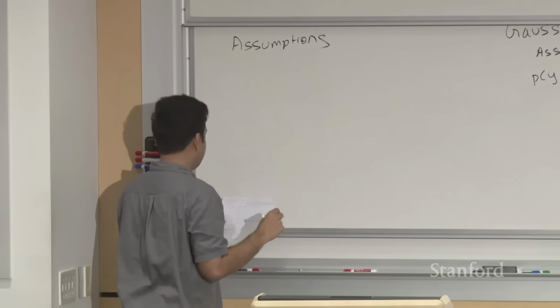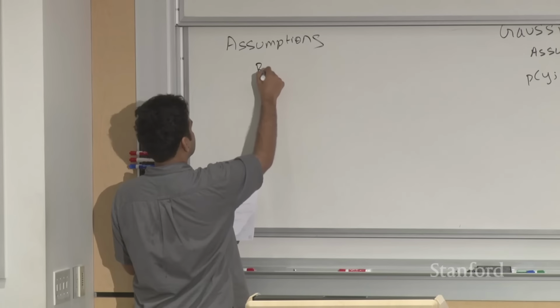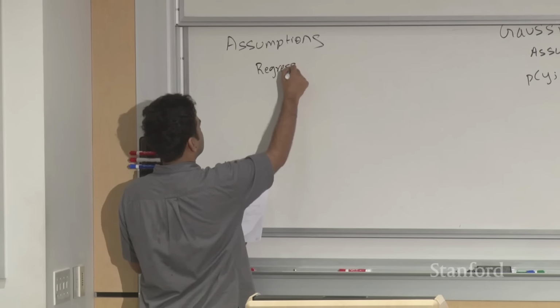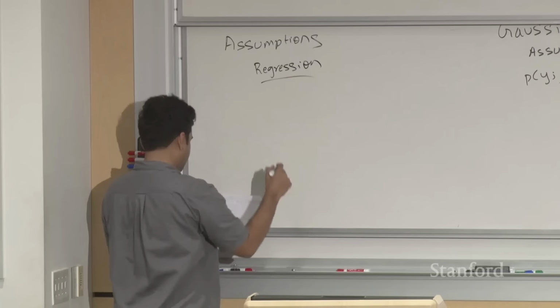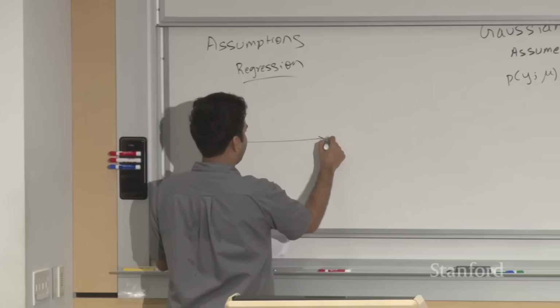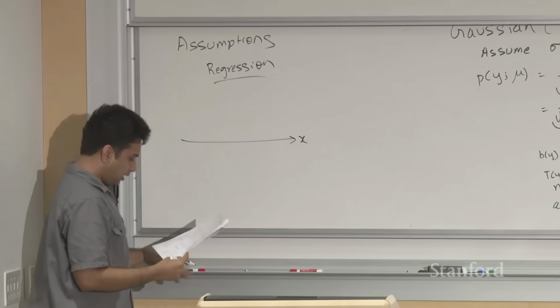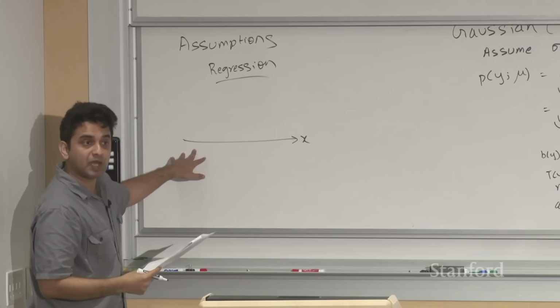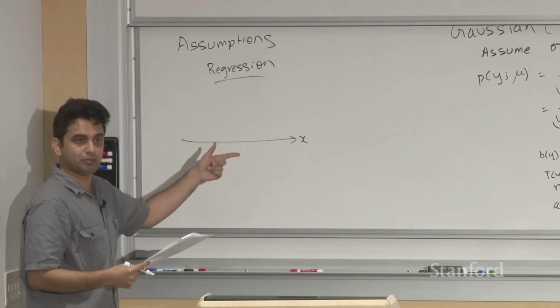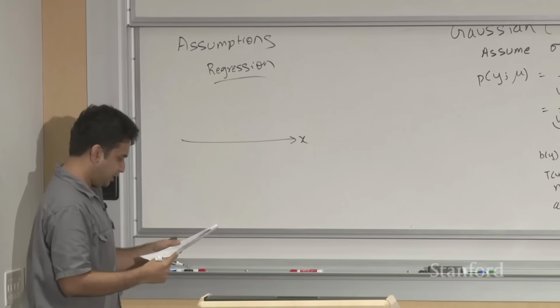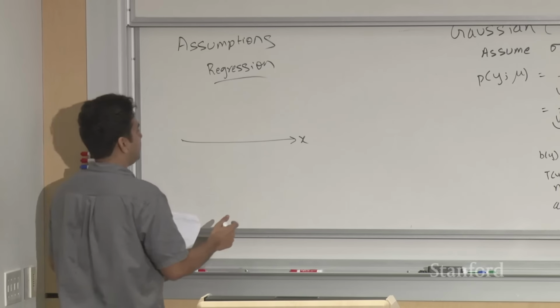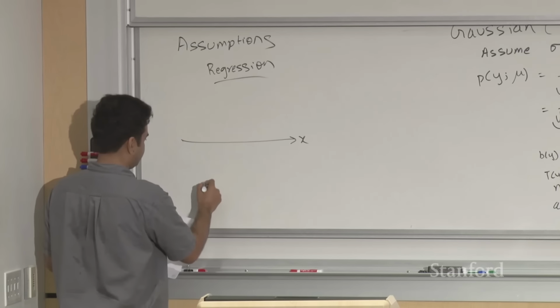So the assumptions that we made, let's start with regression. For regression, we assume there is some x. To simplify, I'm drawing x as one dimension, but x could be multidimensional, and there exists a theta.